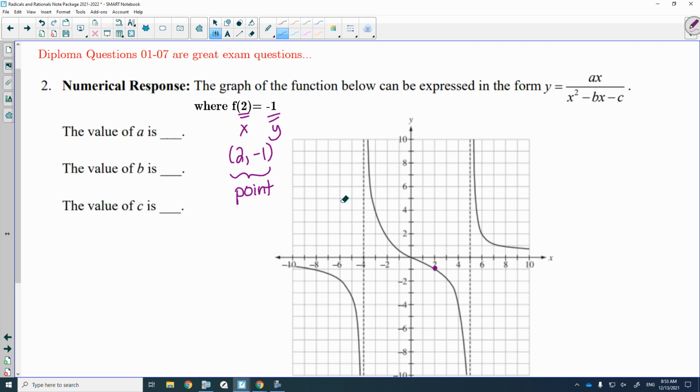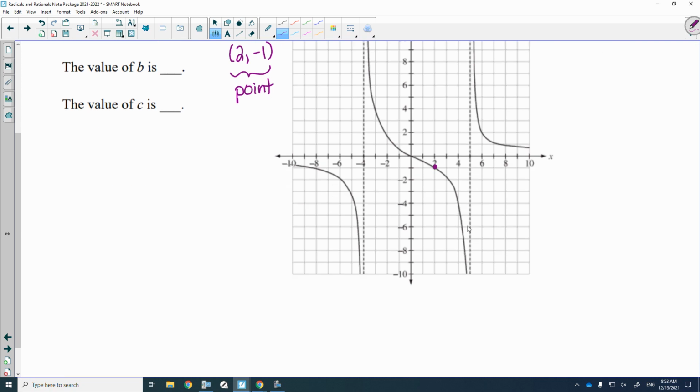And you have to just be able to say, okay, that's a point. So how do we figure out what the equation of this function is? Put your VAs in first. All your vertical asymptotes, get those in. So there's a VA here, x is equal to 5. What's the factor that gives you a VA of x is 5? X minus 5. There's a VA here at x is equal to -4.